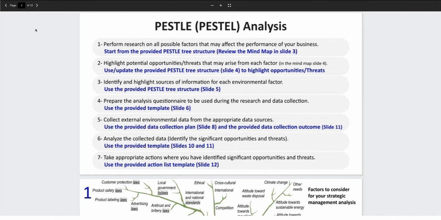Once it is done, we will analyze the collected data.